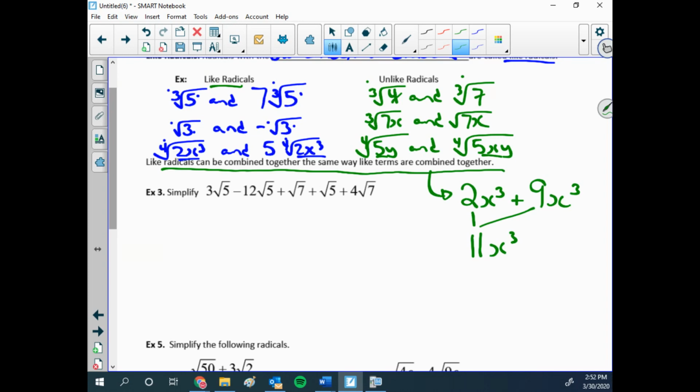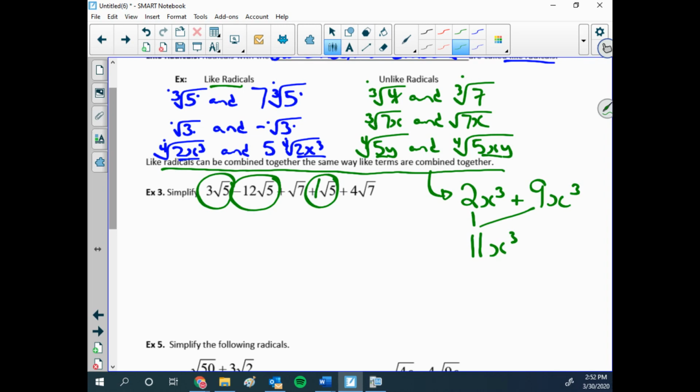Here, if I'm asked to simplify this big long expression, what I would do is look for like terms, so the same index and the same radicand. My coefficient up front doesn't matter. Looking for like terms, 3 root 5 is similar to negative 12 root 5, and it's also similar to the square root of 5.